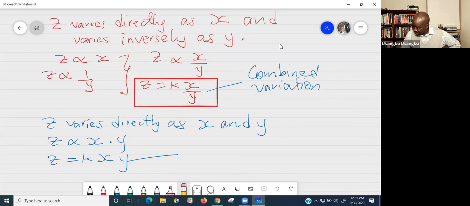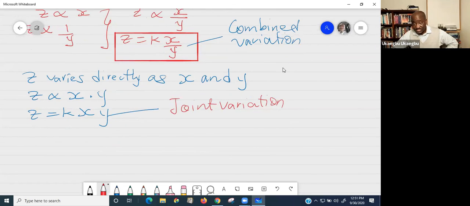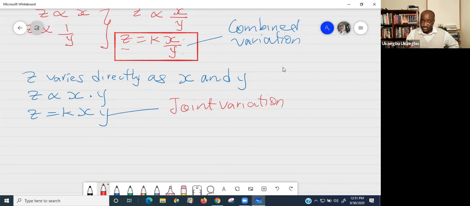This one is joint variation. In both cases, they are going to give you the initial value for z, the initial value for x, and the initial value for y. That's what you use in determining the value of k. Once you determine k, they can twist the question in different ways in order to find z or x or y. Does that make more sense now? Yeah. Okay.